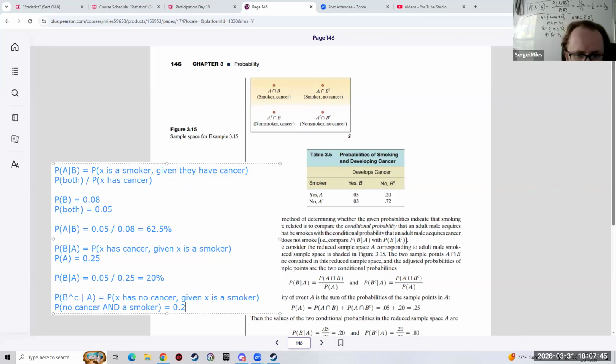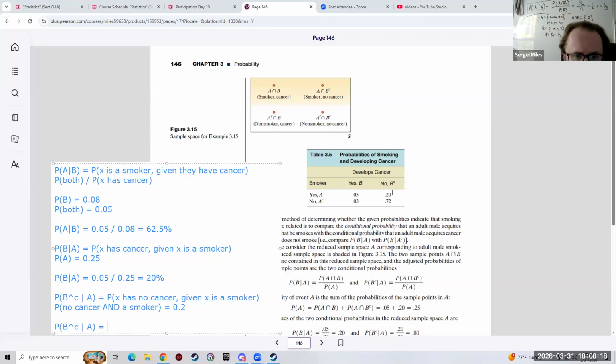So now we look at the question here for our calculation. The probability of B complement given A is the probability of both, where this is someone with no cancer, or they do not currently have cancer developed, and they are a smoker, is 0.2.